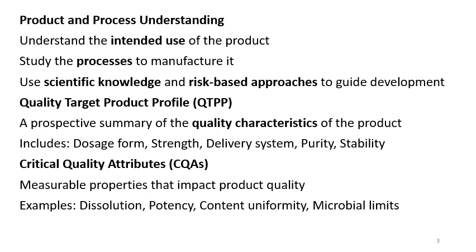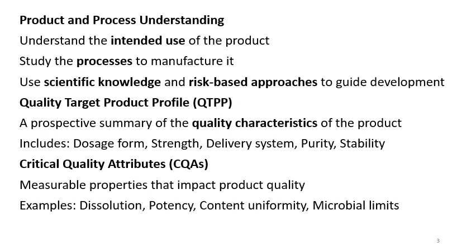Then studying the processes to manufacture it, using scientific knowledge and a risk-based approach to guide the development. Then making the QTPP, that is quality target product profile. QTPP is a prospective summary of the quality characteristics of the product. It includes dosage form, strength, delivery system, purity, stability, and other performance characteristics like dissolution.